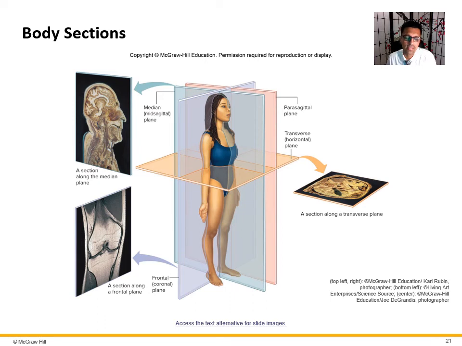So let's see. If you look at this diagram, this cut right here is a transverse cut. So in an MRI, a transverse plane, you would see this. If you were to do a frontal or coronal cut like this, you would see the knee. So an MRI done in the frontal plane would be beneficial to see if we have a torn ACL.